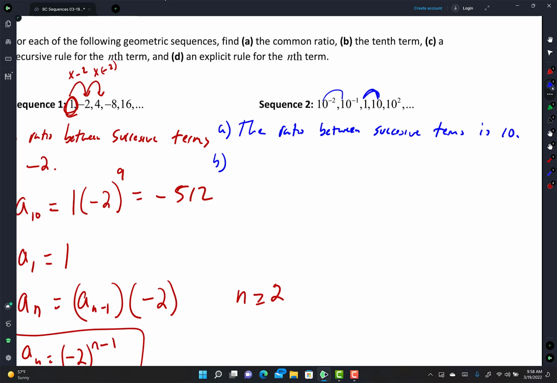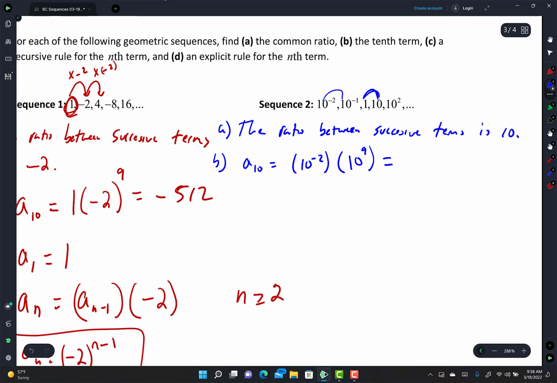Letter B. A sub 10 is going to equal the very first term, so 10 to the negative 2 times, and then how many more terms? So I'm going to multiply this by 10 to the 9th.